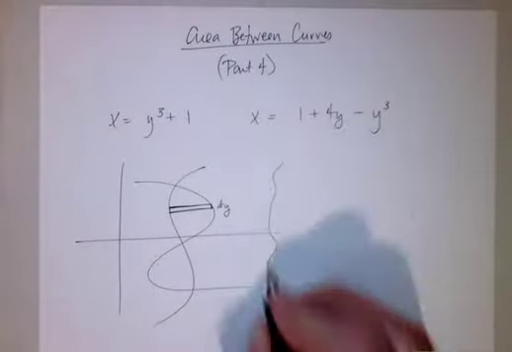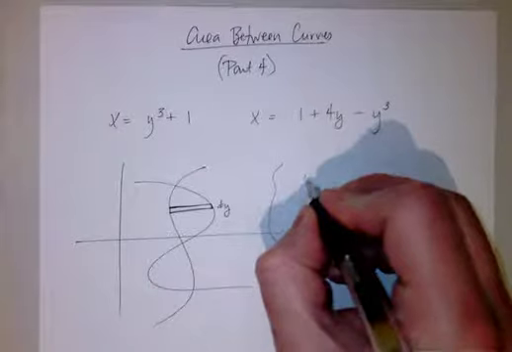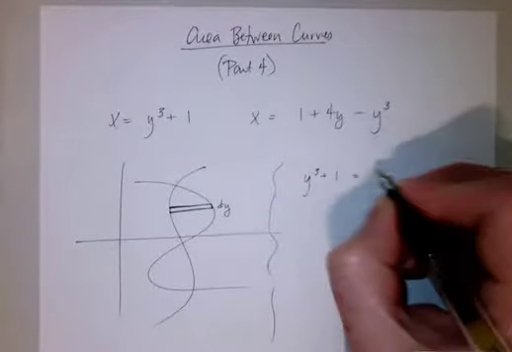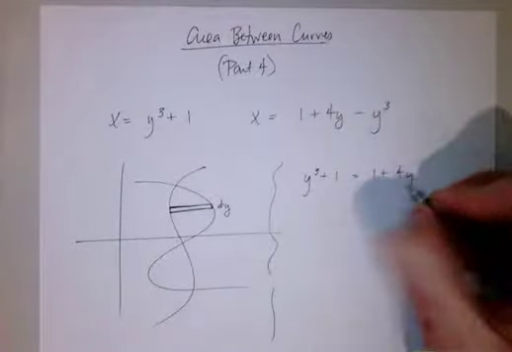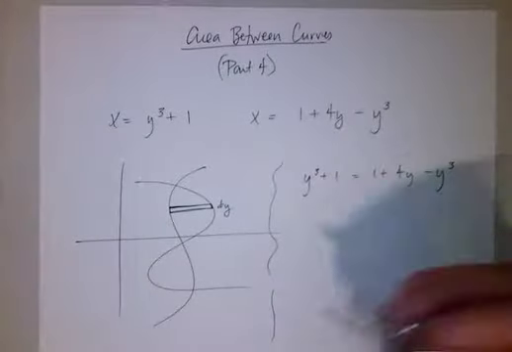So let's go ahead and find whether these intersect at nice, neat points, or whether we're going to have to be a little bit more creative.